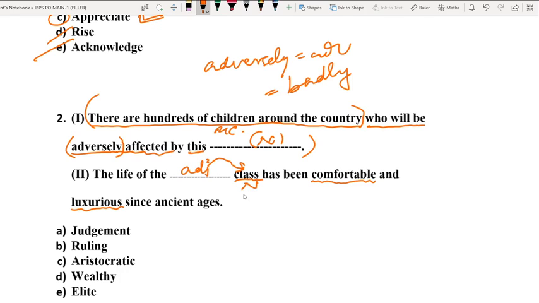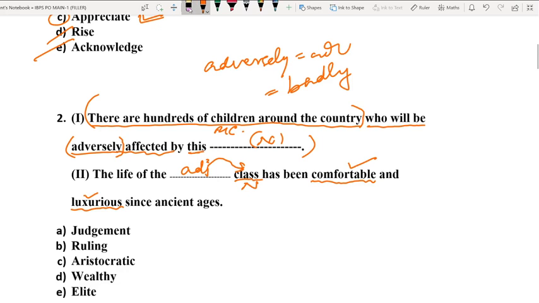So here it talks about a particular group of people who lead a very comfortable and luxurious lifestyle. Clear? So now we got the answer. The word which should be placed in the second blank should be an adjective, and with the combination of class, it should give the meaning of the elite class, or you can say that group of people who usually exercise a lot of power with a lot of money.